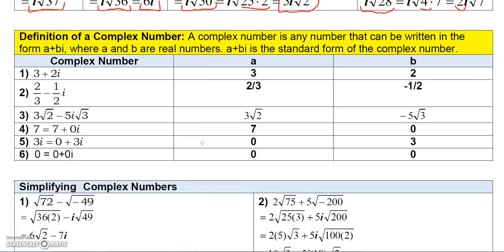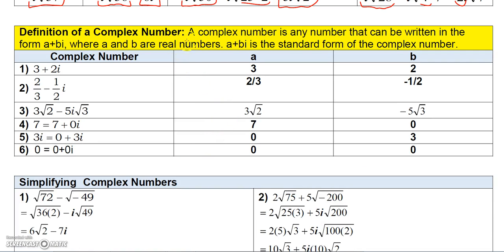Now, what we're really leading up to are complex numbers, and a complex number is a number that can be written in this form right here, a plus bi, where a and b are real numbers and i is that imaginary unit. So let me show you some complex numbers, and then I'll show you what represents the a component and what represents the b component.